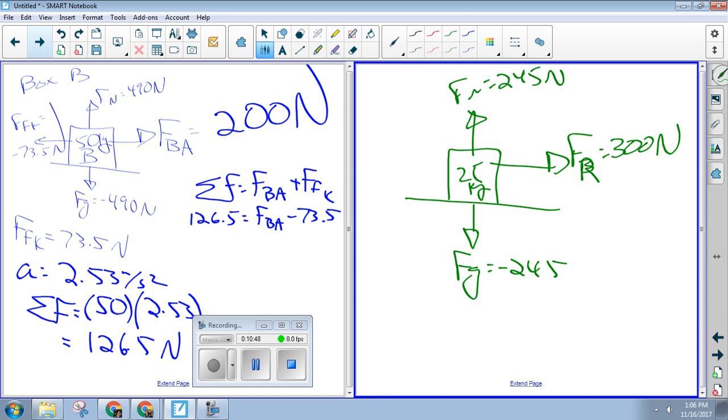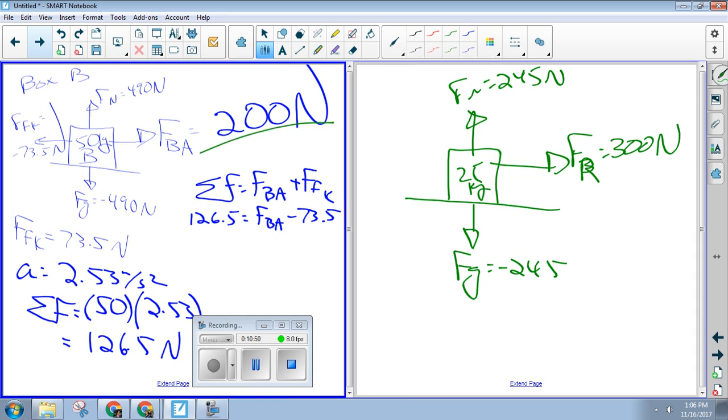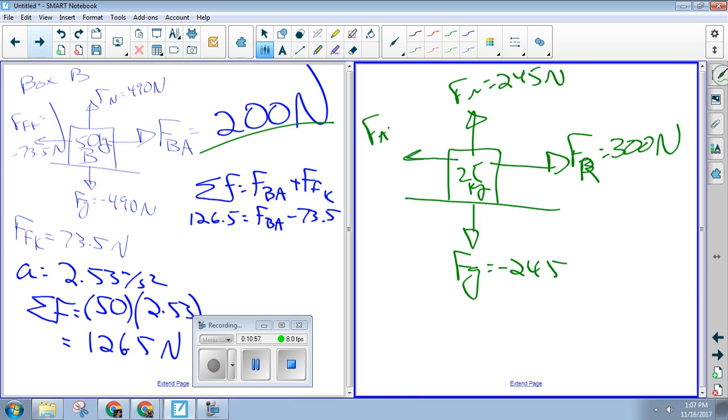I just figured out that A pushes B with 200 newtons. So that means B pushes A with negative 200 newtons. Good. I can find my new kinetic friction. It's going to end up being 36.75.